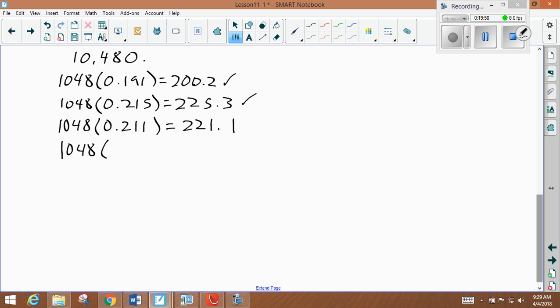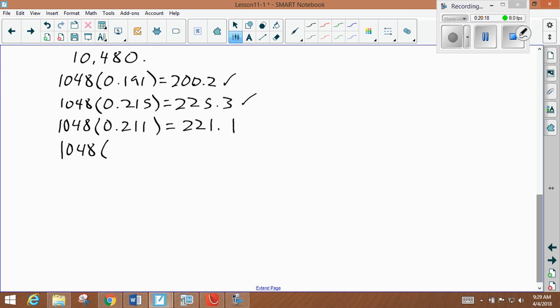Yes, you have to square the difference. That's why it's called chi-square. We'll look at that in a second.